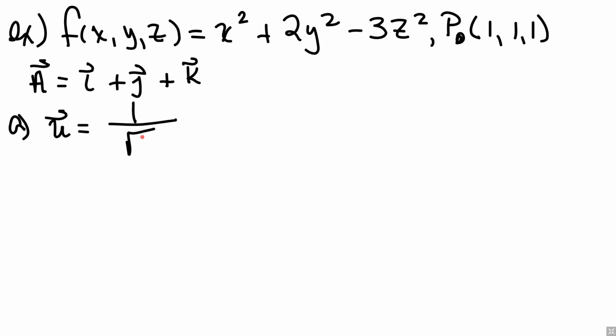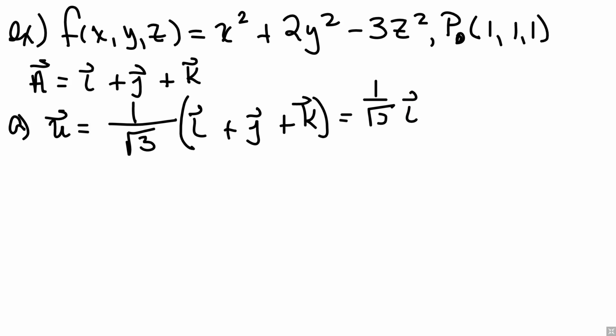Yes, square root of 3. And then we're going to multiply it by i plus j plus k, all right? So we're going to get 1 over the square root of 3 i plus 1 over the square root of 3 j plus 1 over the square root of 3 k. Okay? Any questions there?